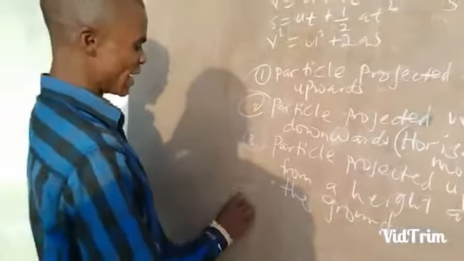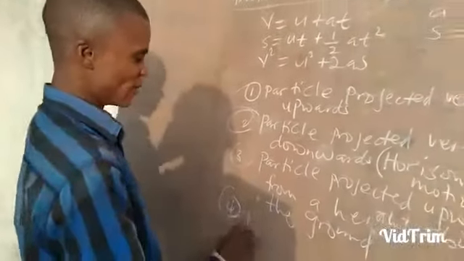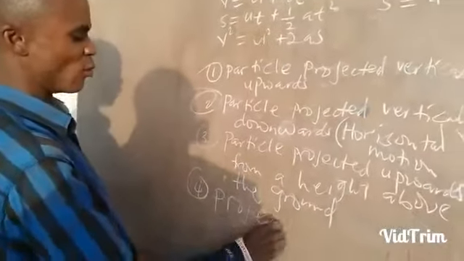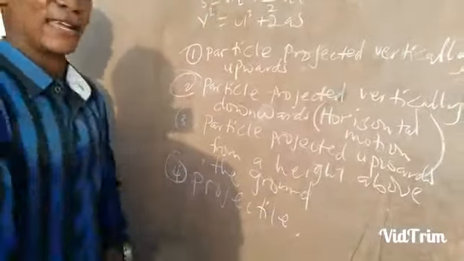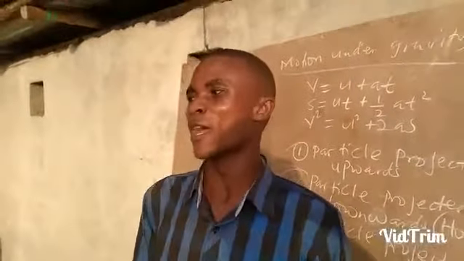And then the 4th case is particle projected at an angle. We call that projectile. If you are able to look at all these 4 cases, you can solve questions wherever you are.